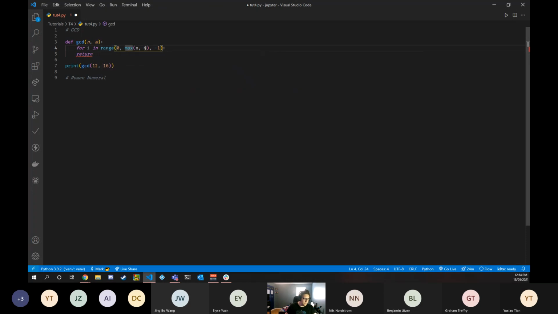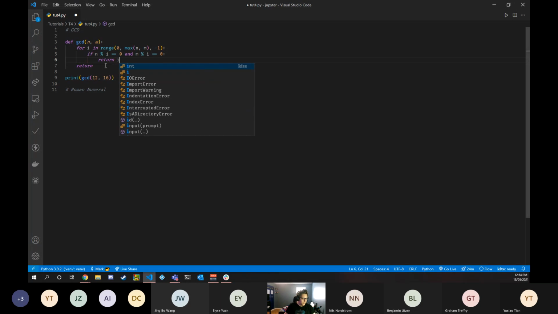So from the maximum digit, whether it be 12 or 16 or whatever, we go backwards, and all we do is, if n mod i equals 0, so if n is divisible by i and m is divisible by i, we return i, else we return, I say we return 1.